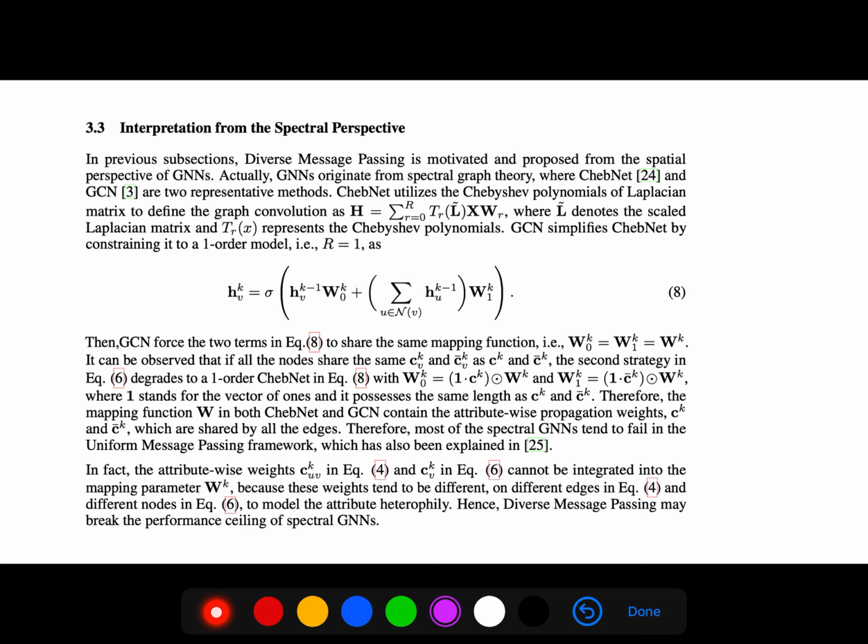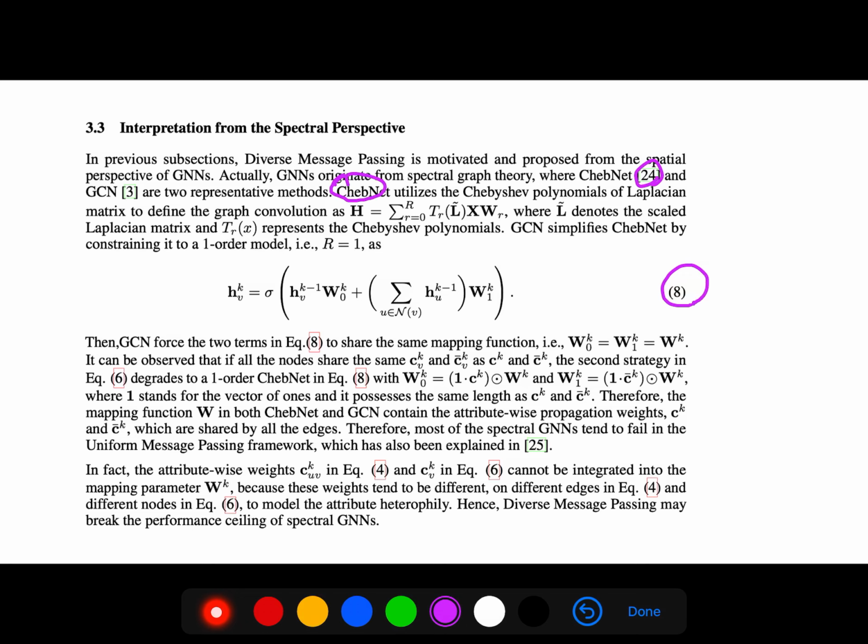GNNs originate from spectral graph theory, where ChebNet and GCN are two representative methods. ChebNet, which is in reference 24, utilizes Chebyshev polynomials of Laplacian matrix to define the graph convolution. The GCN forces the two terms in this equation 8 to share the same mapping function.